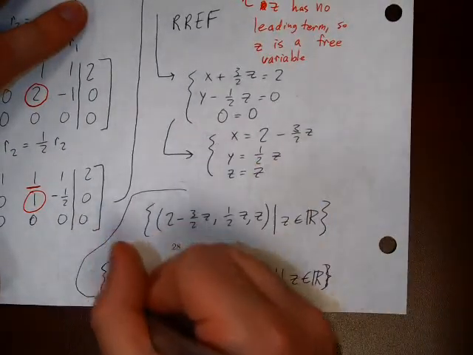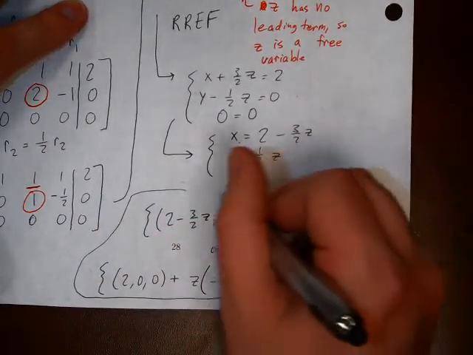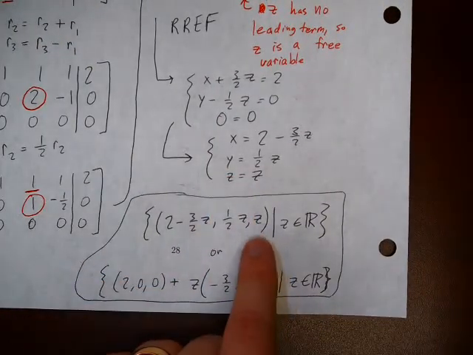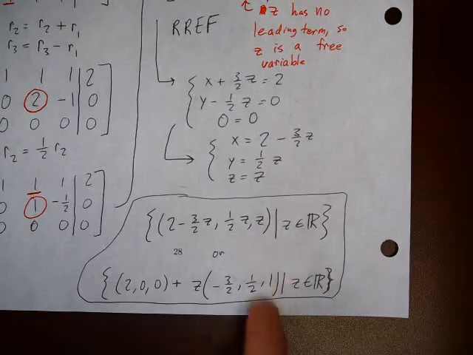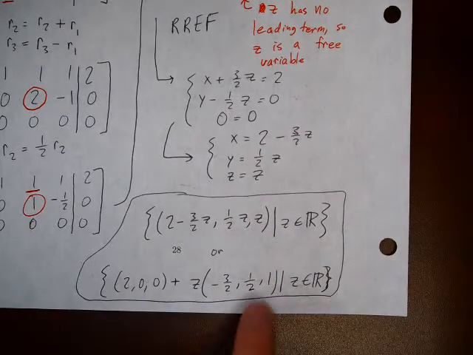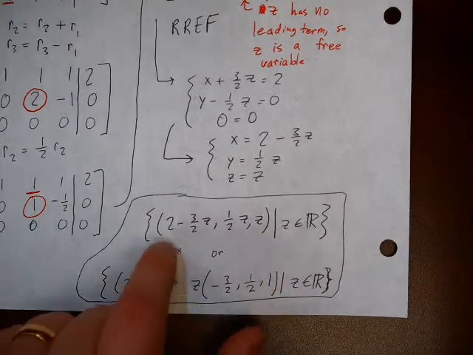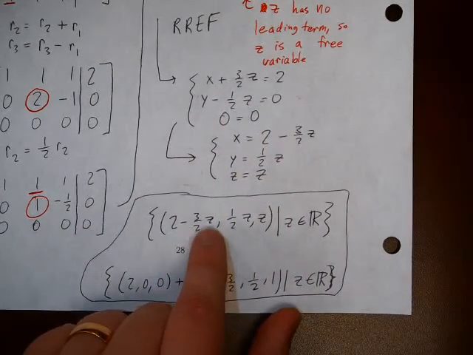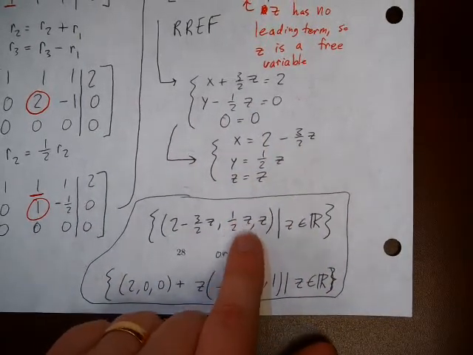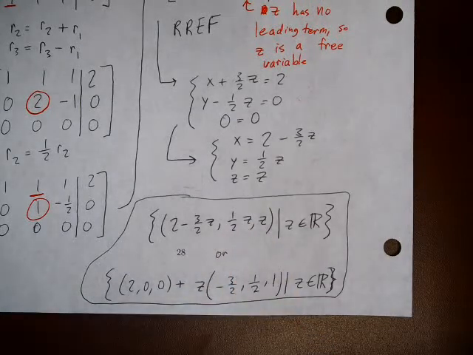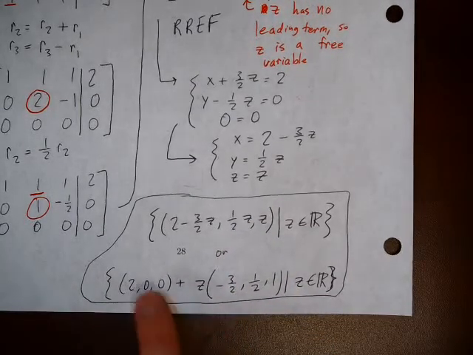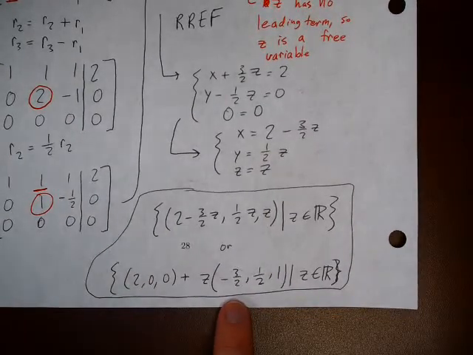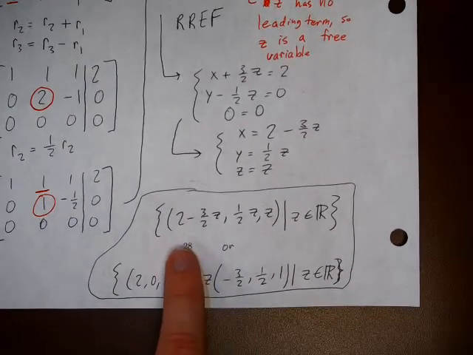So both of these are saying the same thing. We're saying that z is allowed to be whatever it wants, so in that third position in the vector, we need to make sure we're talking about the z portion, and then x can be described as 2 minus 3/2 z, and y can be described as 1/2 of whatever z is. And so this form separates out the constant parts and the parts that are being represented by the free variable, and this puts it all into one big mess.